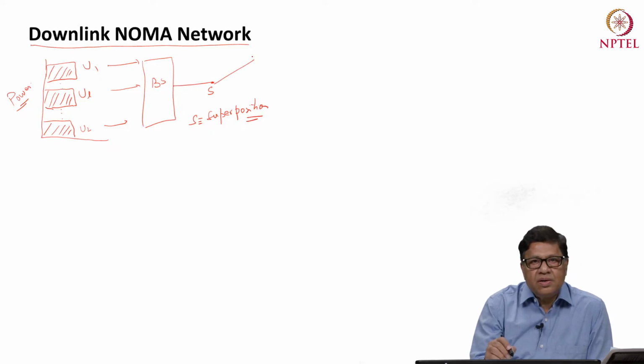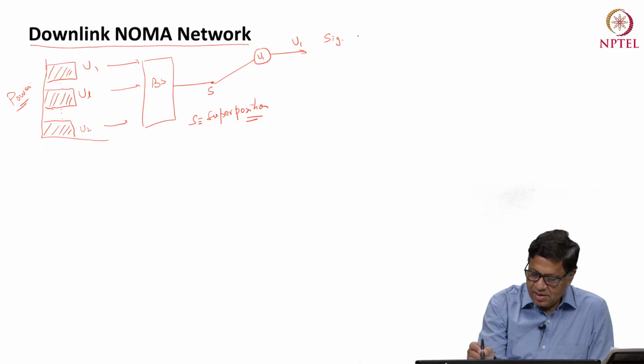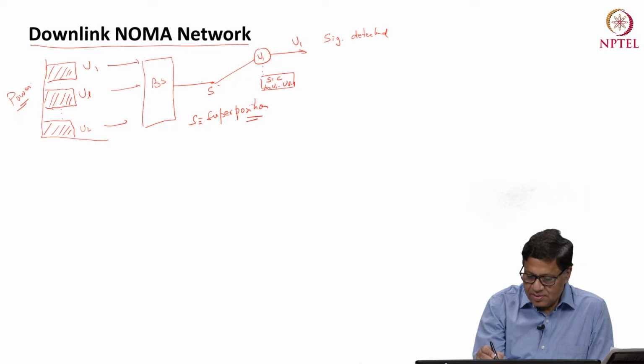And then the user with the highest power is detected first. So in this case, you detect the user 1, so you get data of the user 1. This is signal detected, and then so on and so forth, U2, U3. And for the lth user, you will perform a successive interference cancellation technique for U1 to UL minus 1.